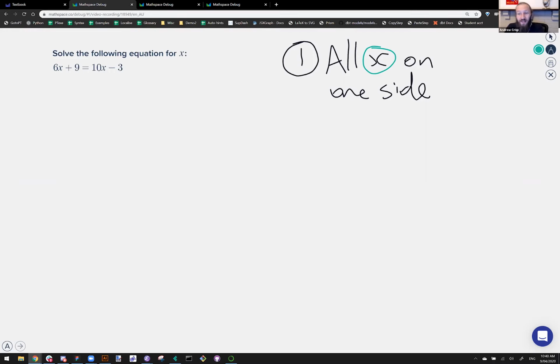Which side doesn't really matter, but you can accidentally make things a little harder for yourself. How do I move the 6x or the 10x? I'd use subtraction. And 6x is smaller than 10x. So if I subtract a small thing from a big thing, it's going to end up positive.